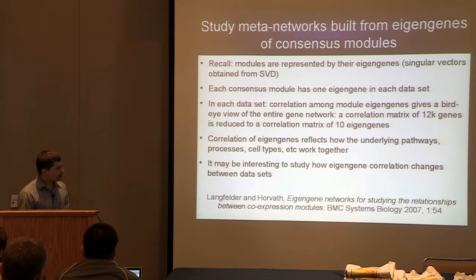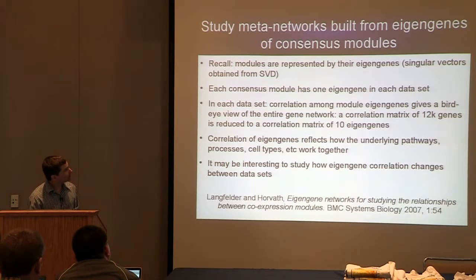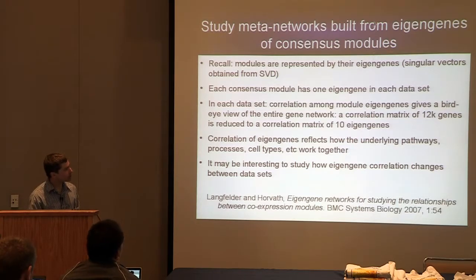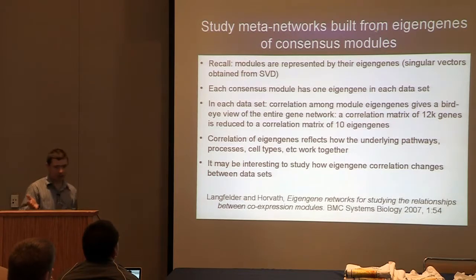So that's another thing that I wanted to show you here, that the consensus modules can be used to build meta-networks. Namely, you take the eigengenes of the consensus modules and you correlate the eigengenes. And you only have about 10 eigengenes per data set, or maybe 20. So instead of 20,000 genes, you have 10 or 20 eigengenes, and you create a correlation network from these eigengenes.